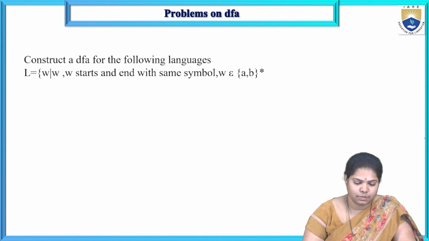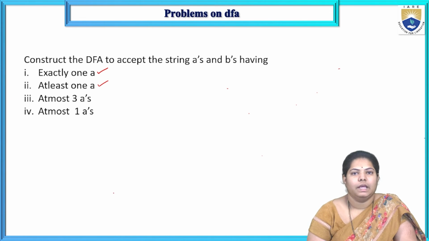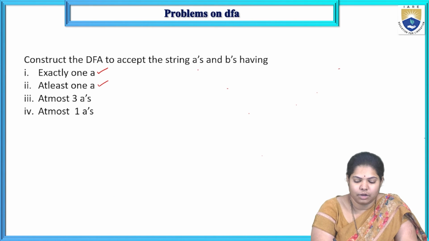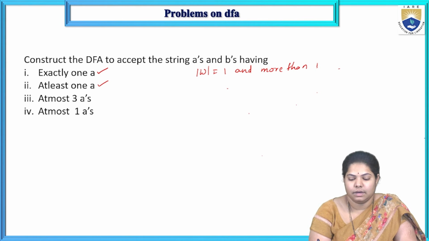Okay, the next one is at least 1 A. What is the meaning of that? The string will contain at least 1 A, so the number of A's will be 1 or more than 1.